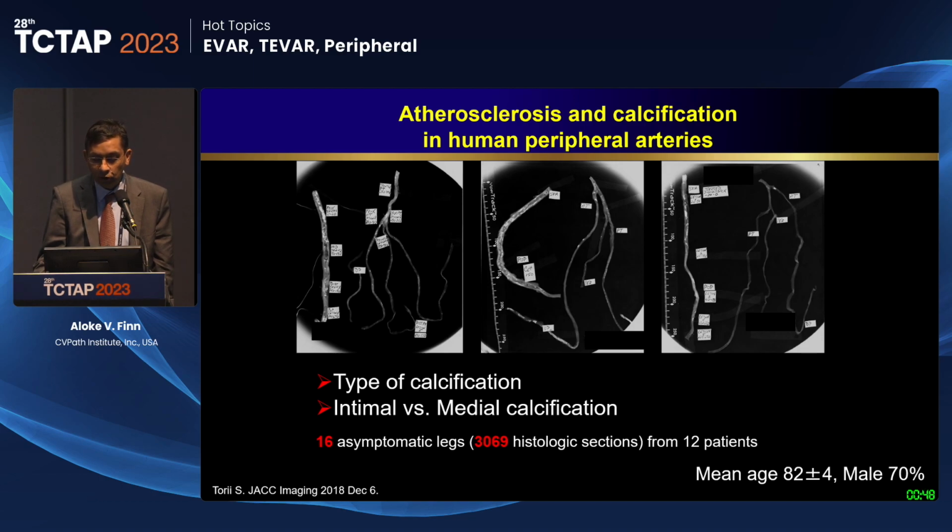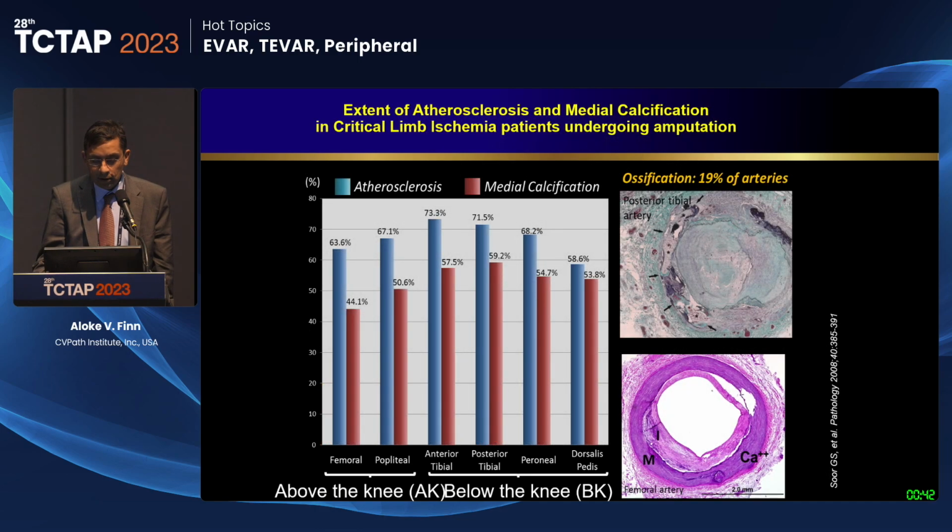What about calcification in the lower extremity peripheral arteries? You can see here types of calcification, intimal versus medial. You're probably familiar with this. In this particular study of CLI patients, atherosclerotic calcification in the intima was more common above the knee than below the knee, but medial calcification really didn't differ between above the knee and below the knee.